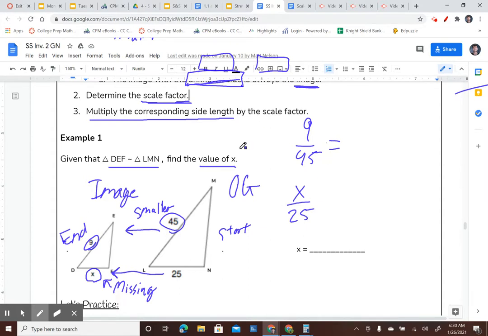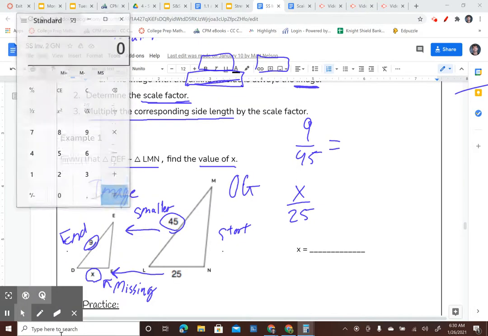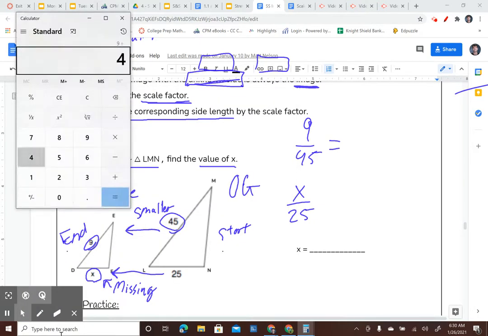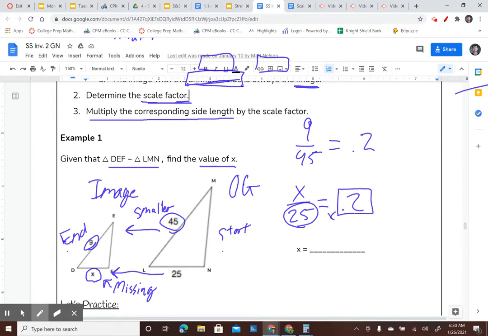So if we do 9 divided by 45, which would be how I find my scale factor, I'm going to be multiplying by 0.2. 9 divided by 45 equals 0.2. So this also needs to equal 0.2. So what I need to do is multiply 25 by my scale factor, 0.2.